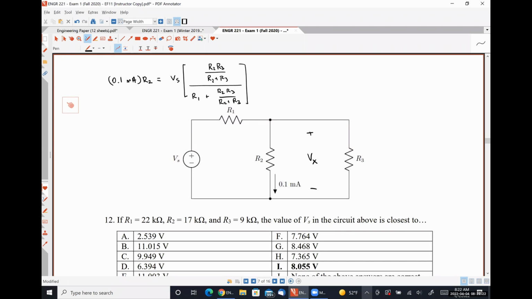And then we would solve for Vs. So that would be a way to do it using voltage division, effectively voltage division backwards.